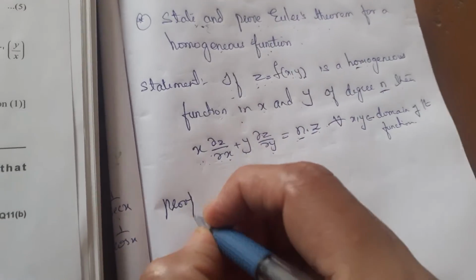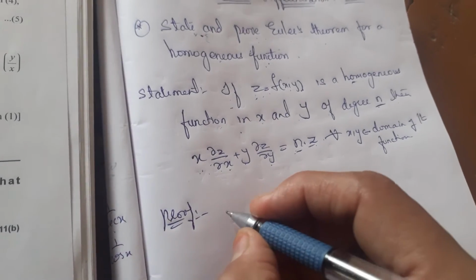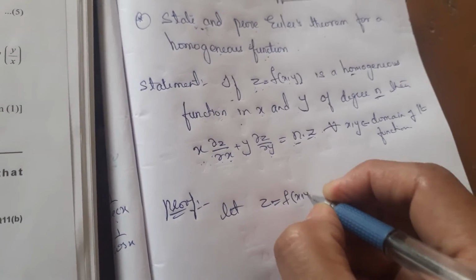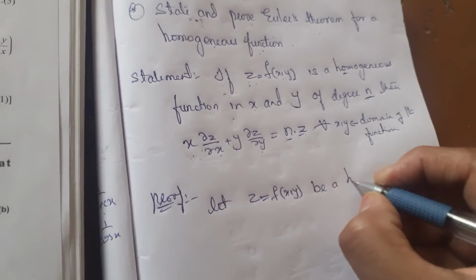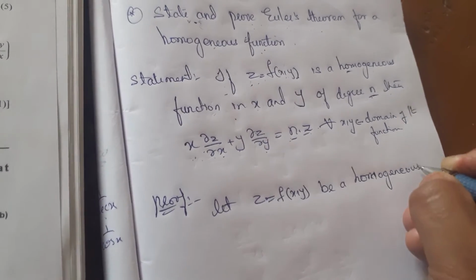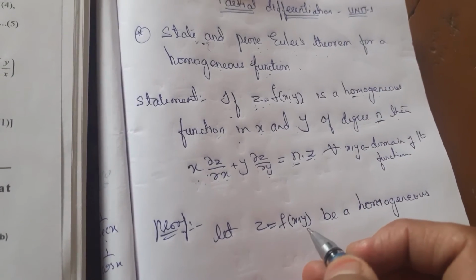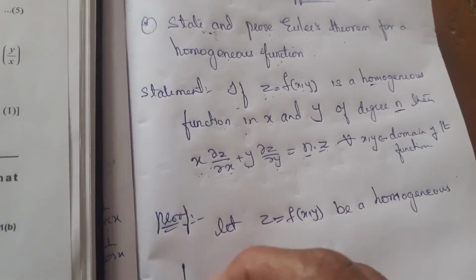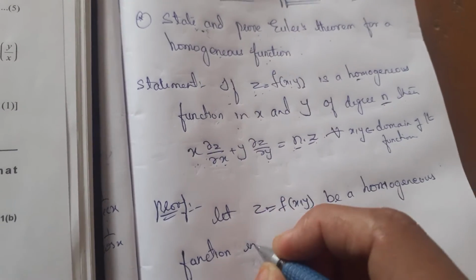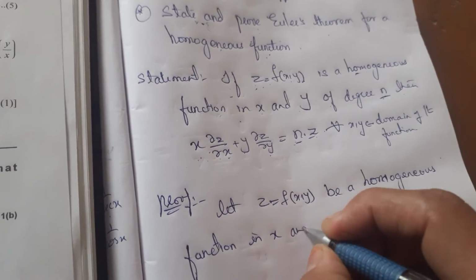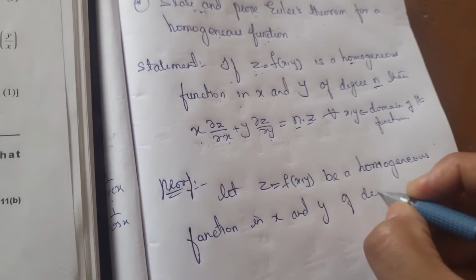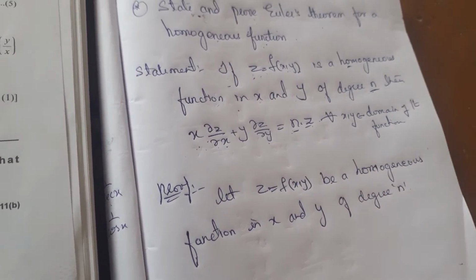Proof. What is the given thing? First we have to write: let z is equal to f of x comma y be a homogeneous function in x and y of degree n, because Euler's equation is applicable only for homogeneous functions.